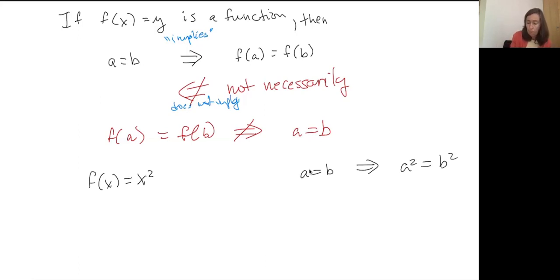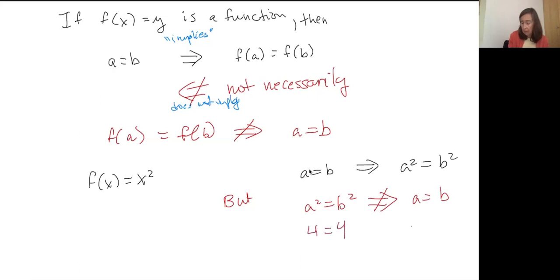Switch to our danger color here. But you can't go the other way. If a squared equals b squared, that doesn't necessarily mean that a equals b. You can think of examples. You could have a squared and b squared both being 4, but a could be 2 and b could be negative 2.